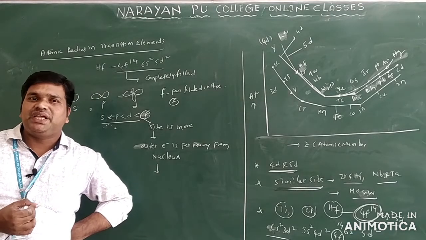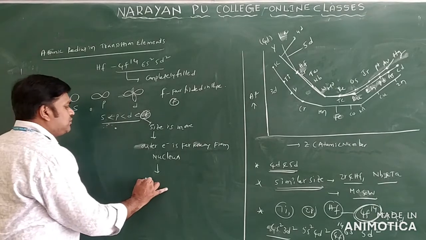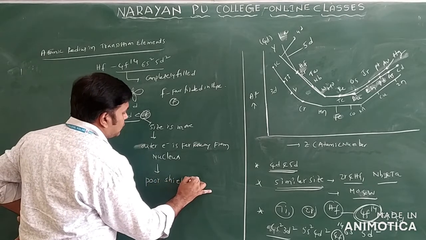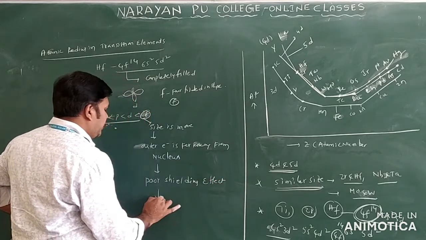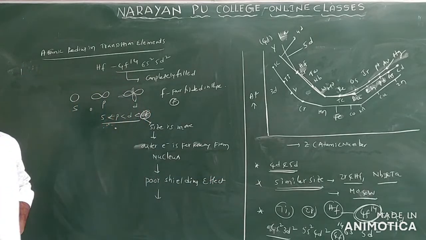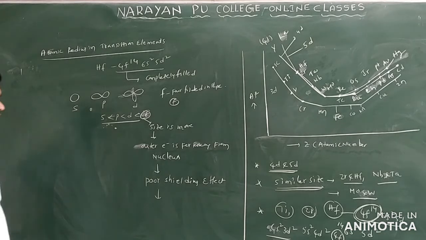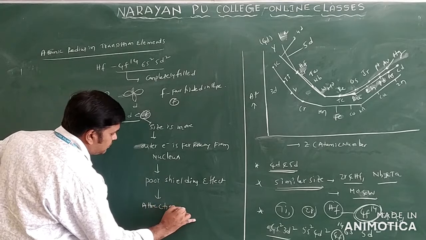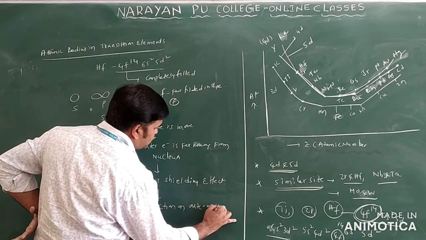We are observing a poor shielding effect only. Whenever the poor shielding effect is observed, the attraction on the outermost electron increases only.